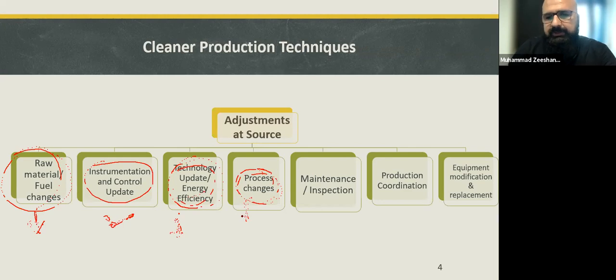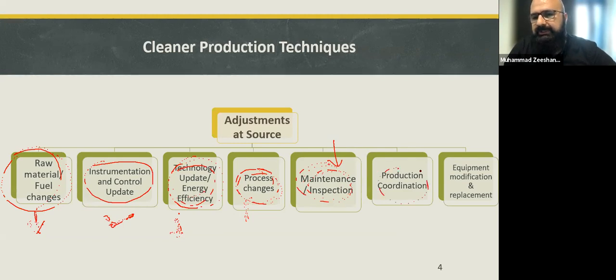Another option in cleaner production is maintenance and inspection. A poorly maintained machine, even a poorly maintained car, for example, gives you less mileage per liter of gasoline. The same holds true for all the machines and equipment involved in industry. So if we have a maintenance schedule in place and machines are well maintained, they would give you more output for less input.